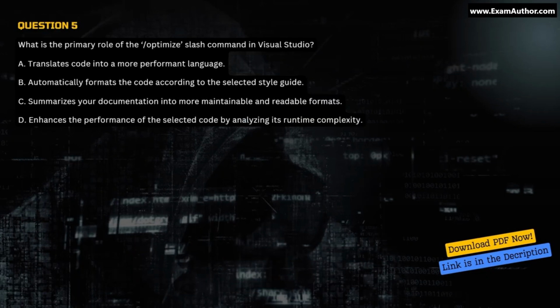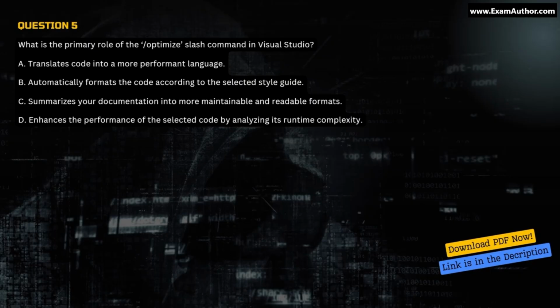Question 5. What is the primary role of the /optimize/ command in Visual Studio? A. Translates code into a more performant language. B. Automatically formats the code according to the selected style guide. C. Summarizes your documentation into more maintainable and readable formats. D. Enhances the performance of the selected code by analyzing its runtime complexity.